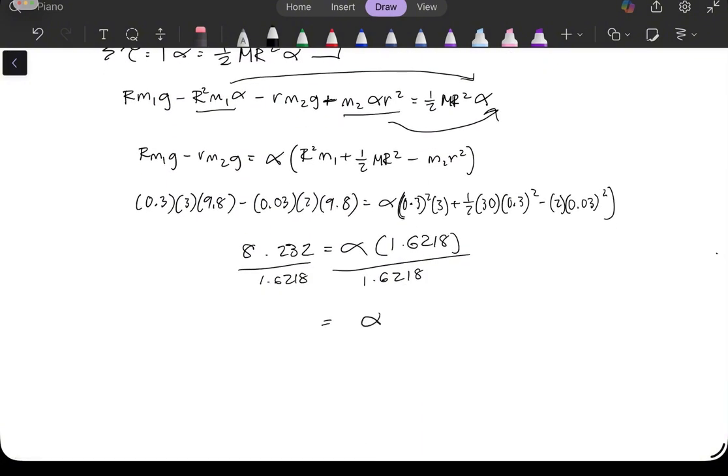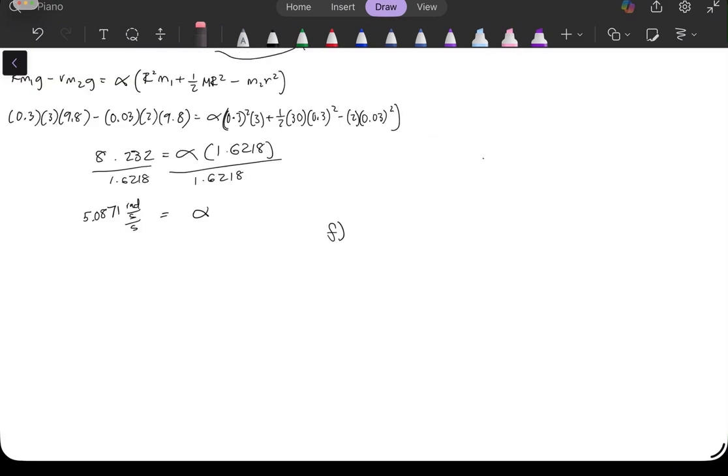And then we will end up with alpha. Okay, so the new acceleration of block 1 will just be equal to alpha as it moves as a system times big R. We just found alpha, so. And then the distance would be 0.3. And then we get the new acceleration of block 1.